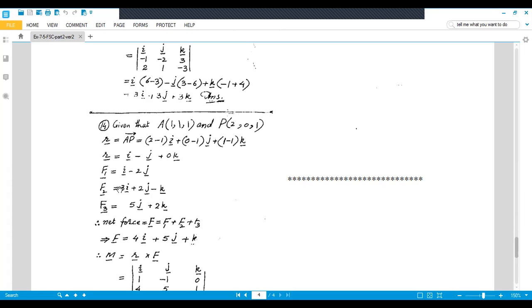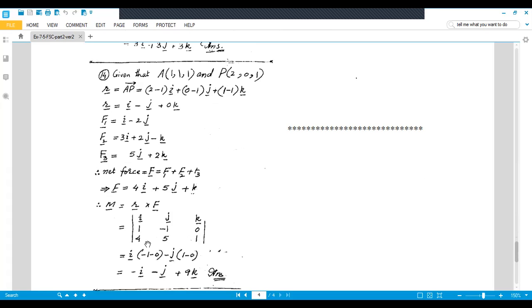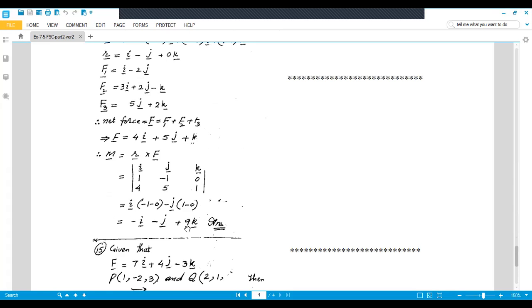Here for i, 3 plus 1 is 4i, and j is minus 2 plus 2, 0, so 5j, and k is minus 1 plus 2, which is plus 1. So M is r cross F. R is already given, that is AP, we find it, i minus j plus 0, and we get this. This is the moment arm.